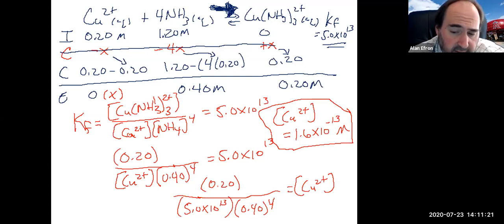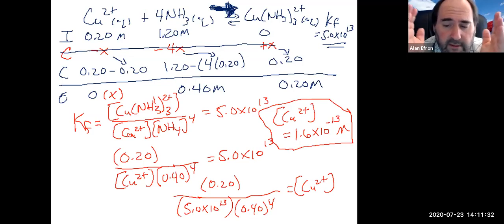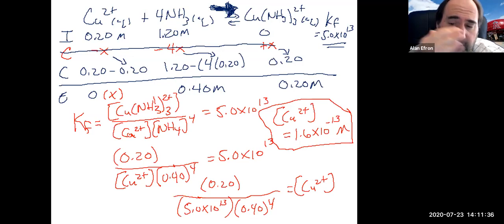When you do this type of problem, which is a Kf problem, typically, as we'll see a little later, all the Kf values that you see are super big numbers, really large numbers. When we think about a large number for K, it's anything above 1, so 5 times 10 to the 13 is way above 1.